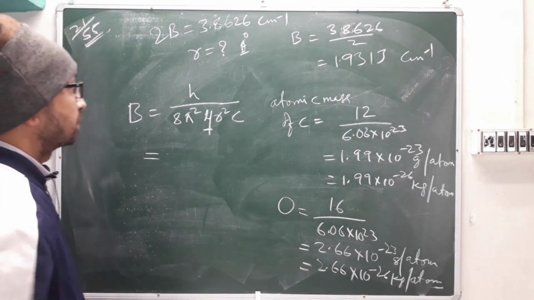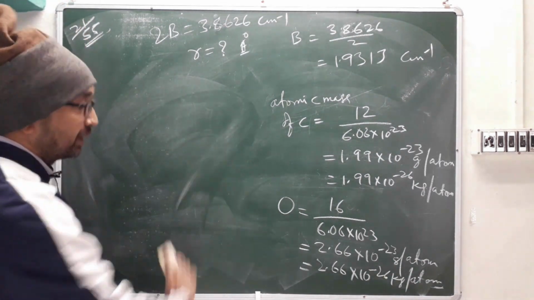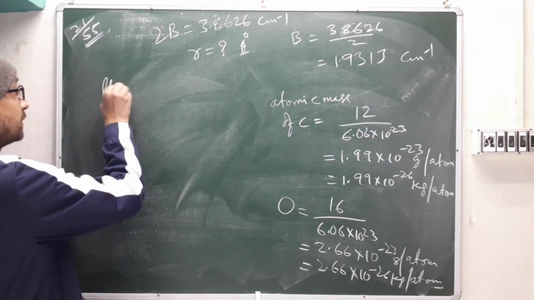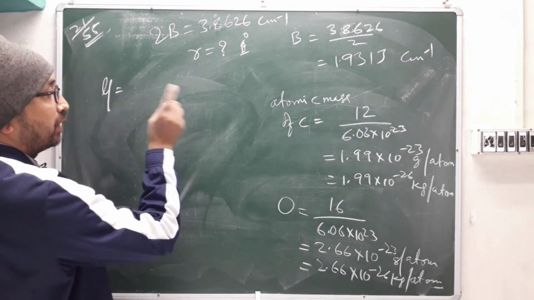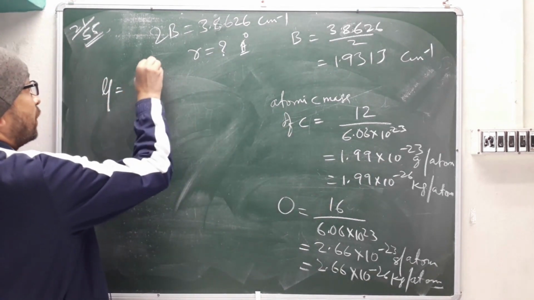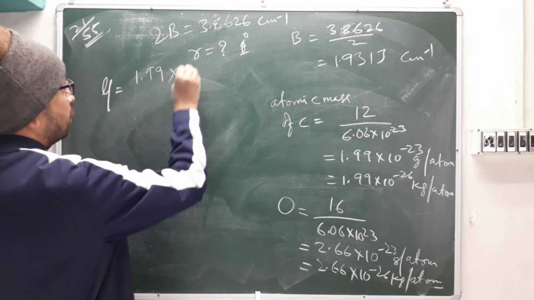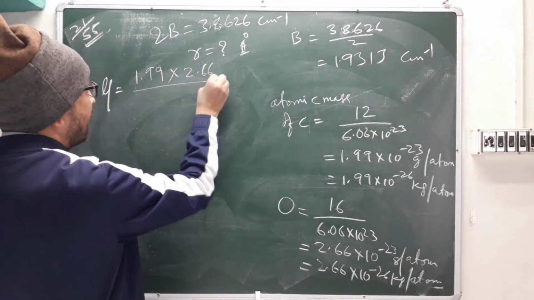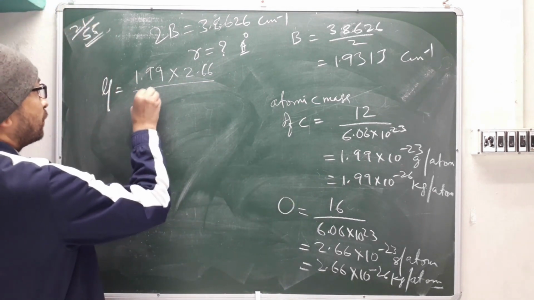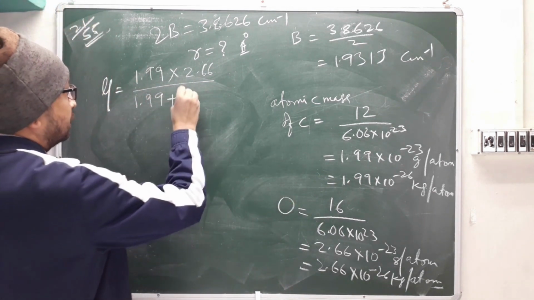Now we have to find out the reduced mass. I'll just rub this formula for the time being and then come back to that formula. What will be the reduced mass? It will be M1 into M2, so carbon into oxygen: 1.99 into 2.66, divided by M1 plus M2, so 1.99 plus 2.66.